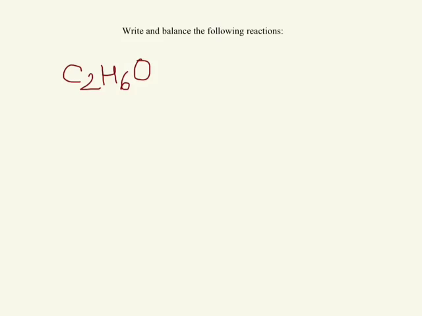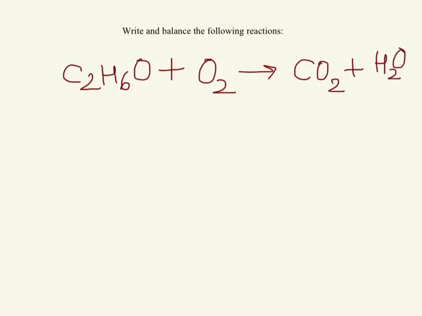C2H6O is an alcohol, it's ethanol. So combustion means O2, and products are CO2 and H2O. We're going to start with the balancing of carbon. How many carbons on this side? 2. How many on this side? 1. So let's put 2 here. This way now our carbons are balanced.